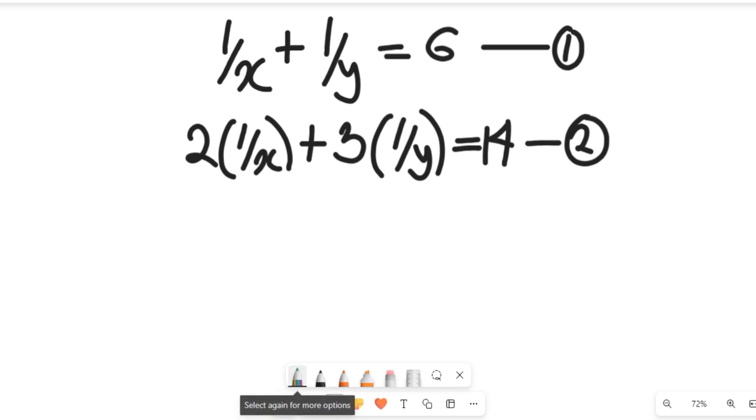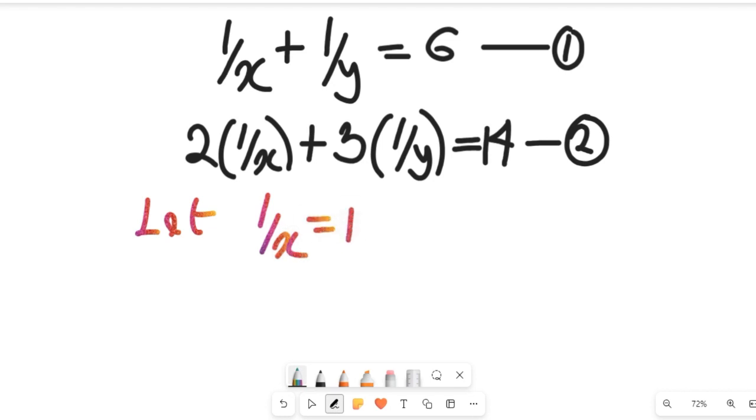So having seen that expression, the next thing I want us to do is to let the value of 1 divided by x be equal to p. And then we'll also let the value of 1 divided by y be equal to, let's take the variable to be q. So we are going to solve for p and q. So wherever you see 1 divided by x, you are going to put it as p.